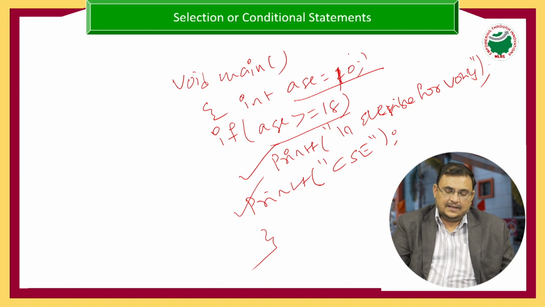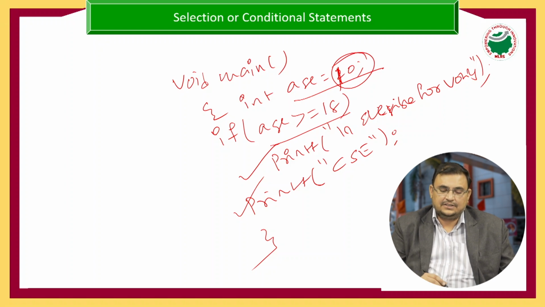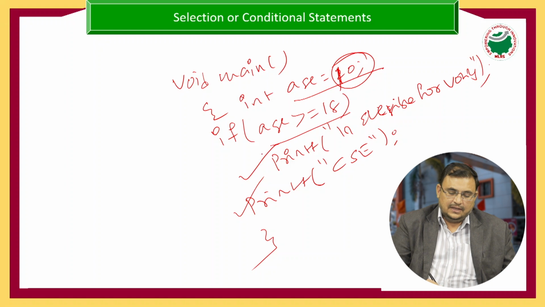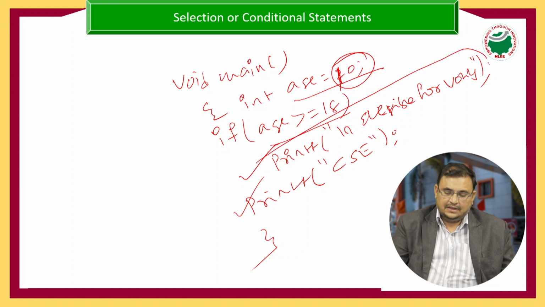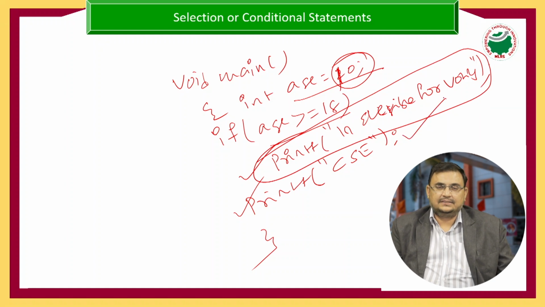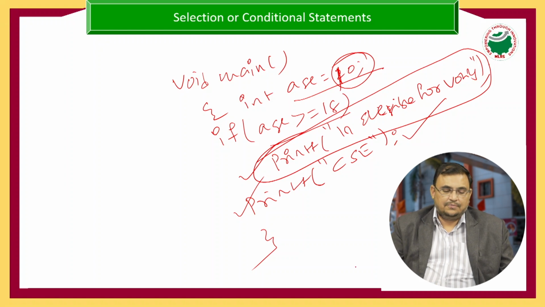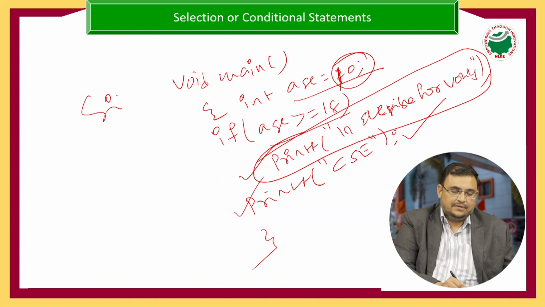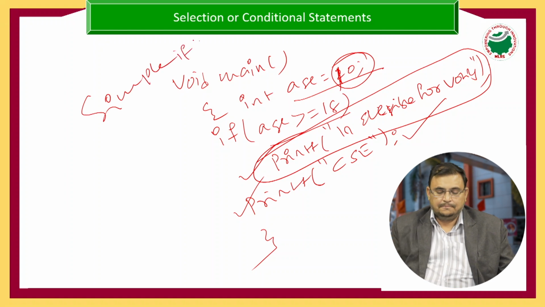If age is 10, 10 is greater than or equal to 18, the condition becomes false. Then the statement eligible for voting will be skipped and it only prints statement X, that is csc. That is all about the example on simple if. Hope you understand.